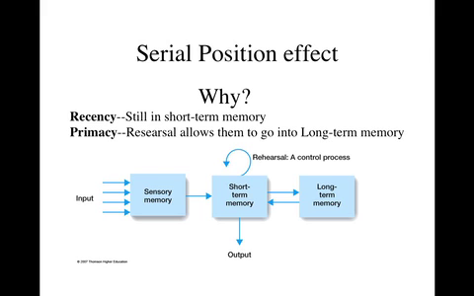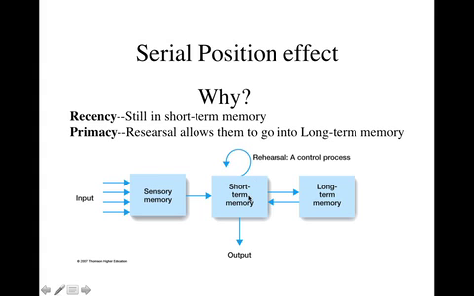Primacy, on the other hand, is thought to be because you have time to rehearse those words because they're early on in the list, and throughout the rest of the experiment you have some time to keep them in your mind, and those end up making it into long-term memory. And this suggests, as we said, looking at the Atkinson and Shiffrin model, that rehearsal, which is a control process, may lead to the information being stored in long-term memory.